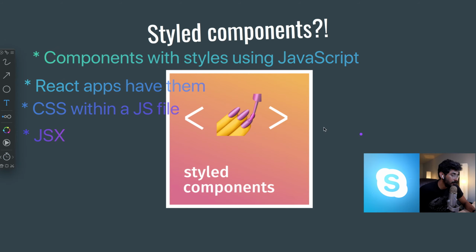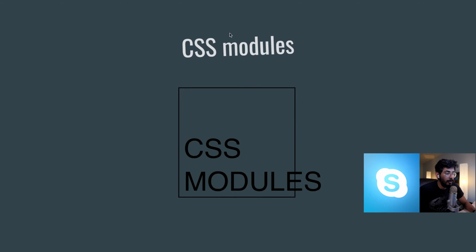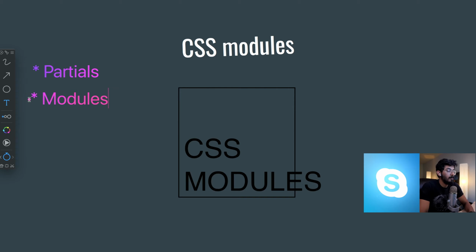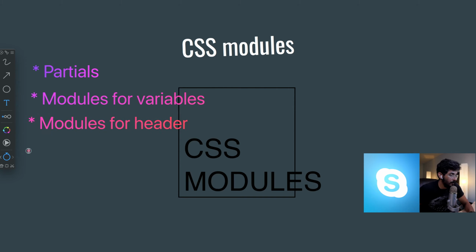Exactly. Dope. And then, what are CSS modules? CSS modules, basically you can create, I like to call them partials, right? If you're using Sass, think of it as a module for variables in CSS. You can create a module for a specific thing, let's say the header. And then you can create the main module. And that main module, what does it do?